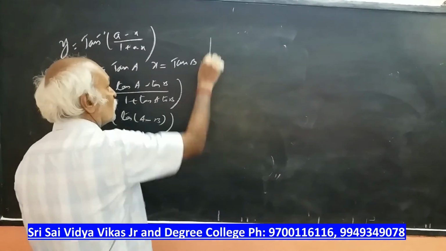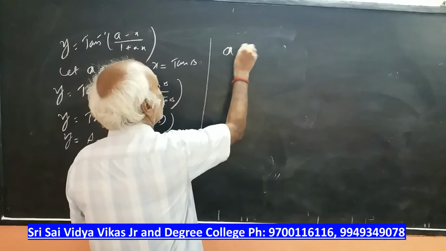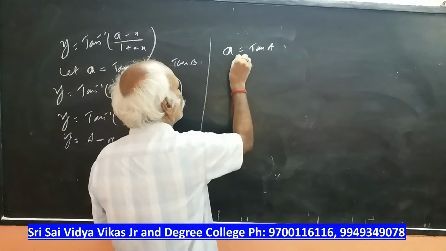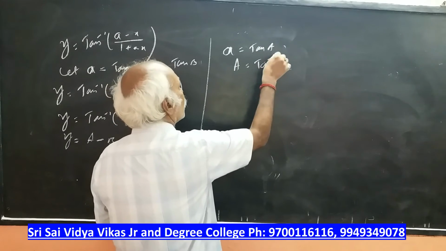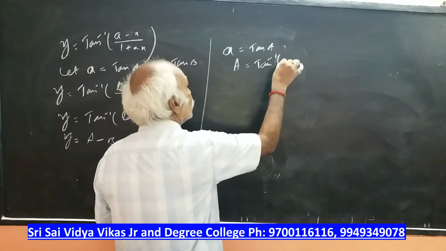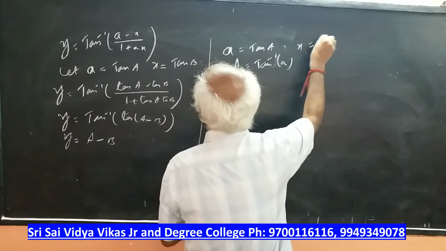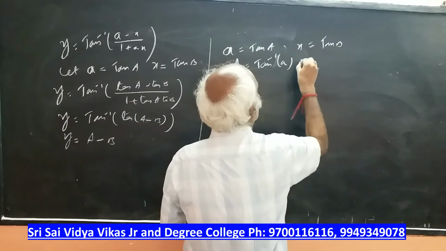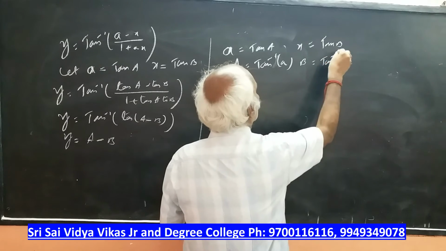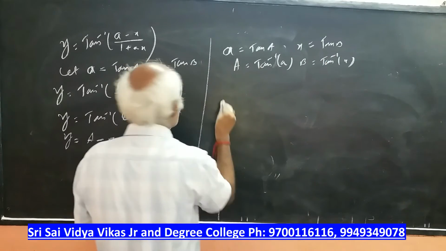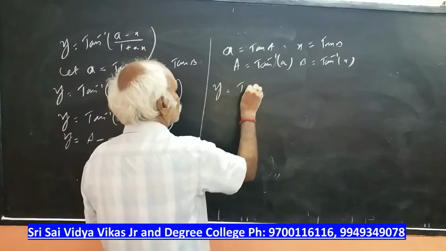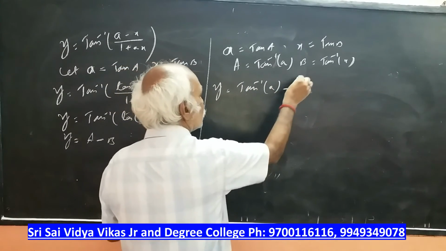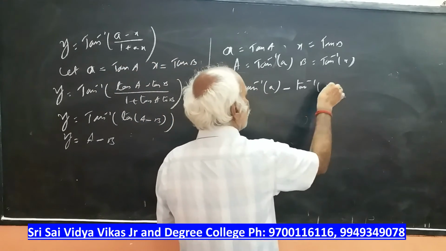From this, what is it that we have written? a is equal to tan A, therefore A is equal to tan inverse a, and x is equal to tan B, so B is equal to tan inverse x. Therefore, y is equal to tan inverse a minus tan inverse x.